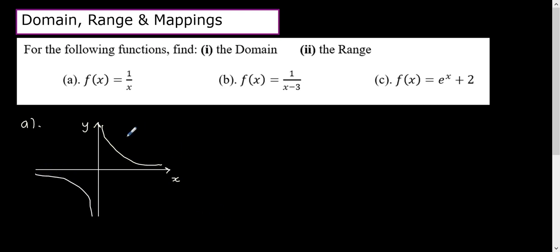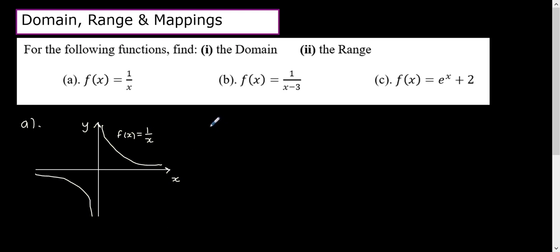Okay, so that's generally the function 1 over x. Now, we've been asked to write down the domain of the function and the range of the function. And we can see that with 1 over x, there's a very clear asymptote where x equals 0, because we can't divide by 0, our answer is undefined.